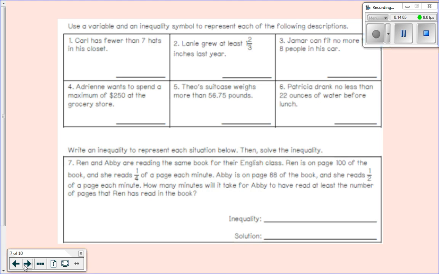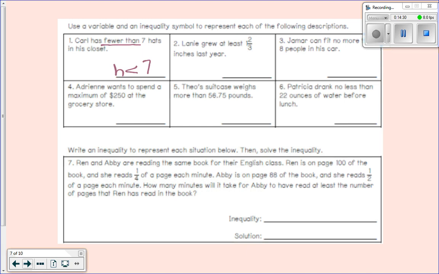All right, let's practice writing simple inequalities at first. Carl has fewer than 7 hats in his closet. So hats, what's our inequality? Greater than or equal to. Has fewer than. Less than. Less than 7. We're good with that? Okay. Let's look at number 4.